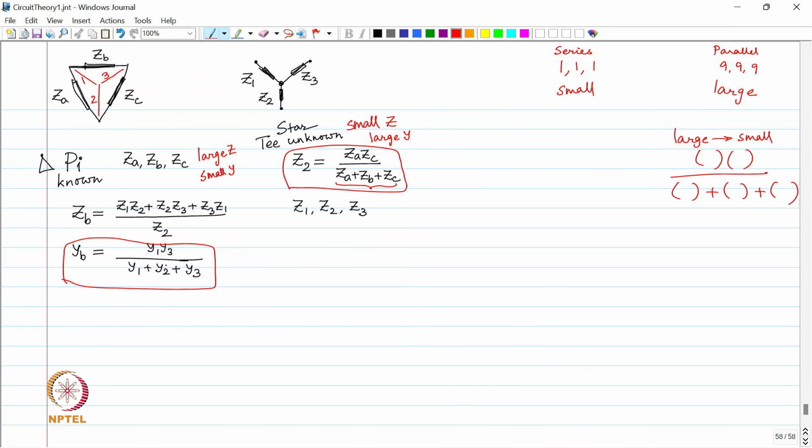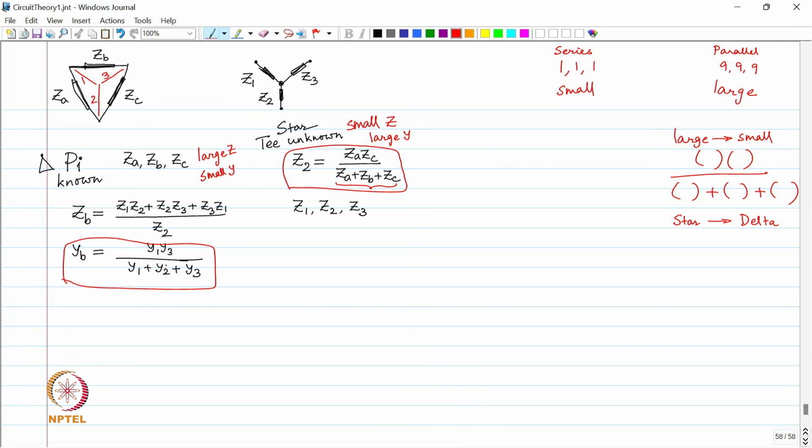Fine. To go from large to small, this is what you use. Now, suppose you have been given a T network, right. You have been given a T network, you want to go to a pi network. Or you have been given a star network, you want to go to a delta network.